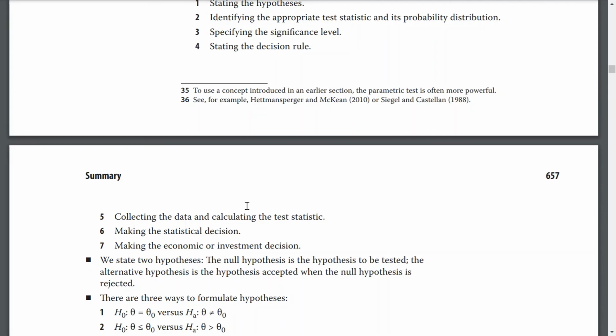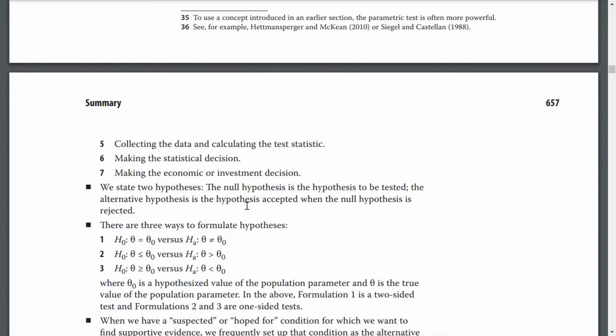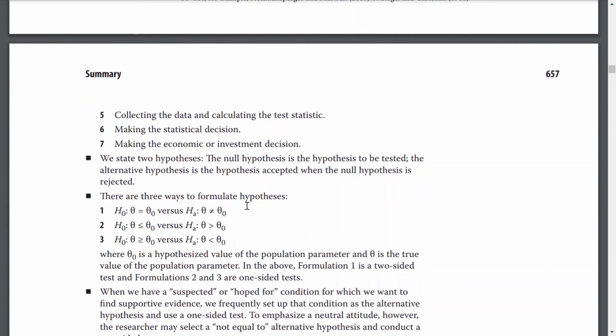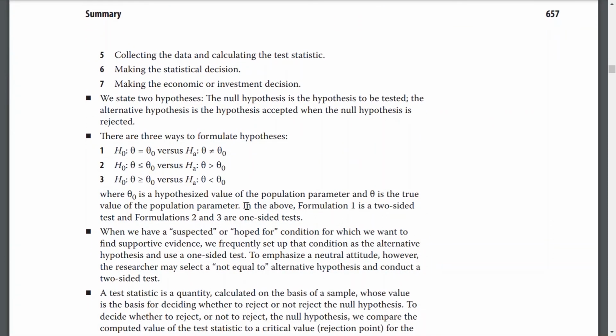We state two hypotheses. The null hypothesis is the hypothesis to be tested. The alternative hypothesis is the hypothesis accepted when the null hypothesis is rejected. There are three ways to formulate hypotheses, where theta sub zero is the hypothesized value of the population parameter and theta is the true value of the population parameter.